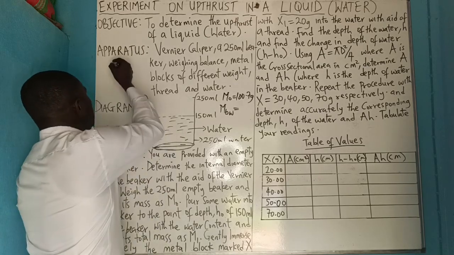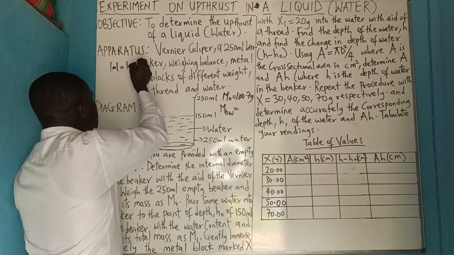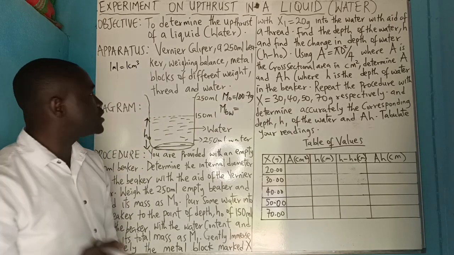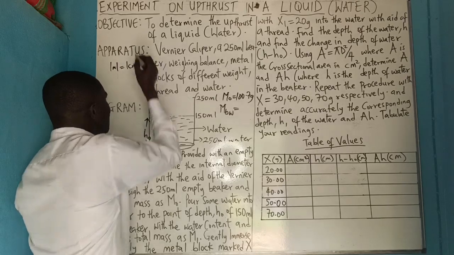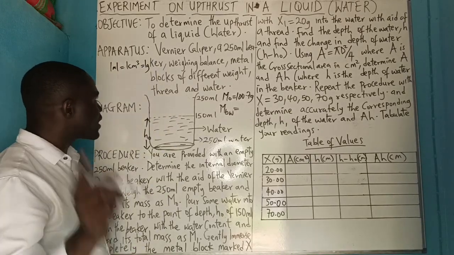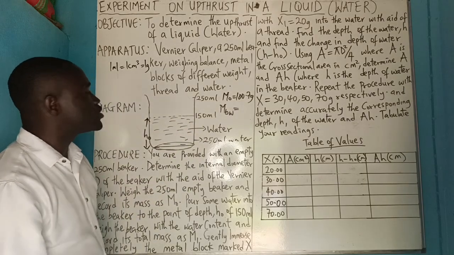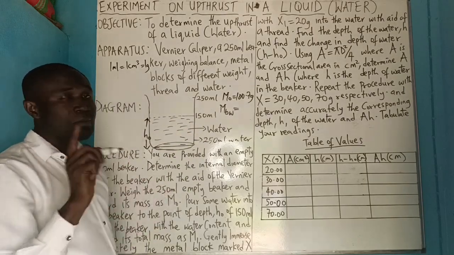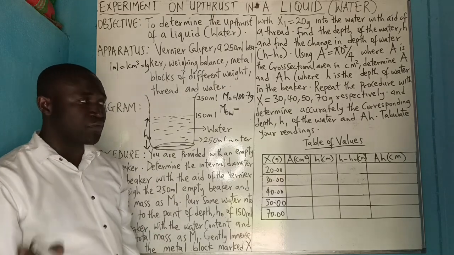One is that 1 ml is equal to 1 cm cube, and is equal to 1 gram. We are getting it this way because density is equal to mass over volume, and mass is equal to density times volume.